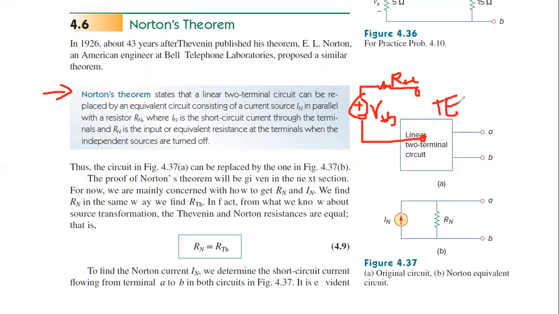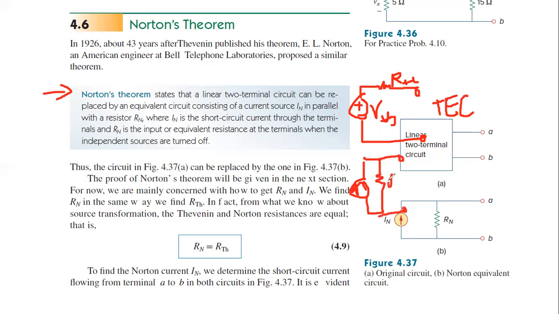In the same manner, can you draw the non-ideal current source equivalent circuit? Let me draw this. The non-ideal current source equivalent circuit looks like this: a current source which is in parallel with the resistance. Here are the outer terminals.